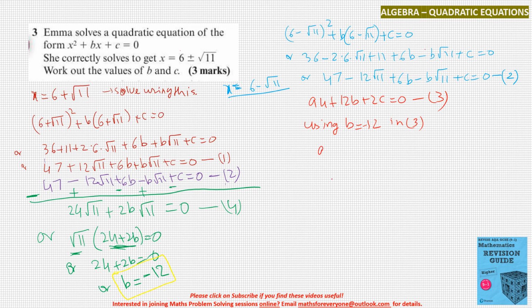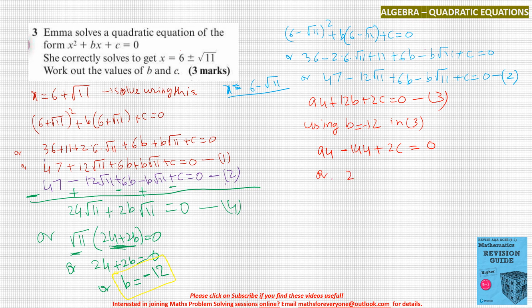What do we get? 94 minus 12 times 12 is 144, plus 2c equals 0.